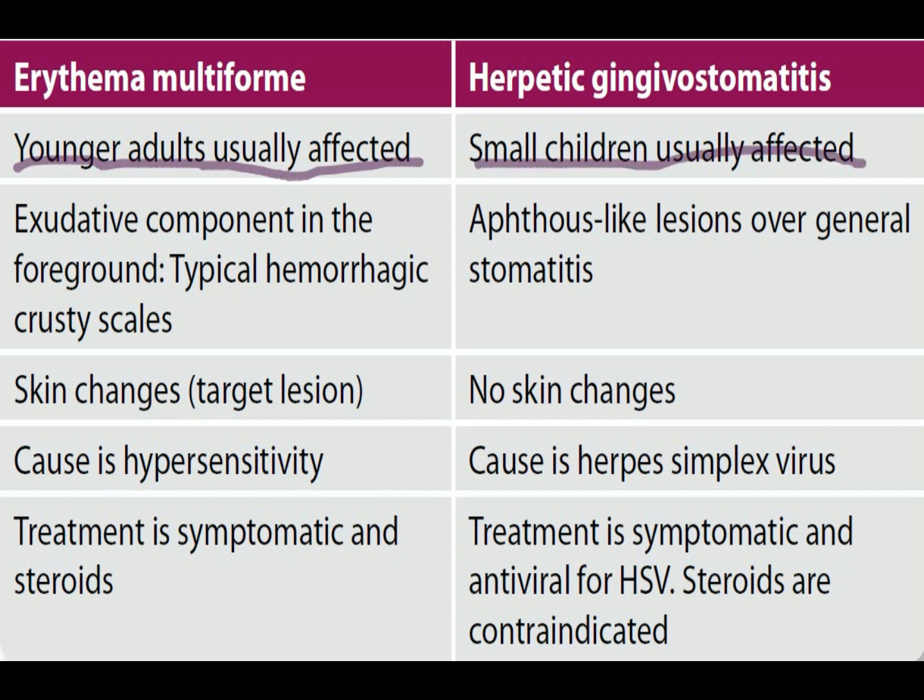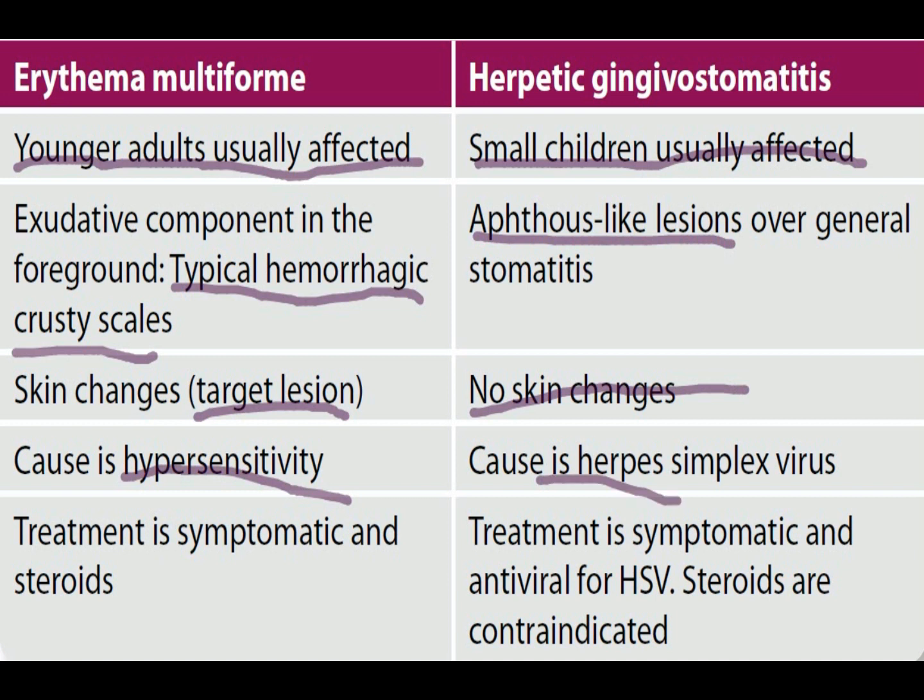In erythema multiforme, typical hemorrhagic crusty scales are seen, whereas in herpetic gingivostomatitis, aphthous-like ulcers are seen. In erythema multiforme there are skin changes, whereas in herpetic gingivostomatitis there are no skin changes. The cause is hypersensitivity in erythema multiforme, whereas the cause is herpes simplex virus in gingivostomatitis.